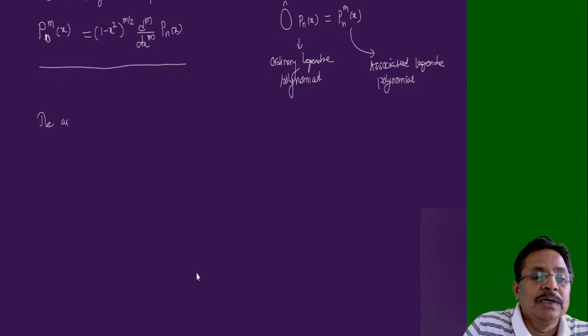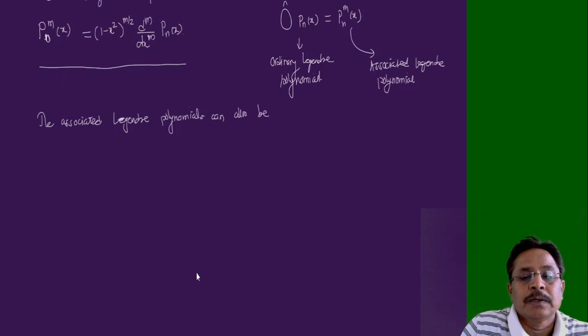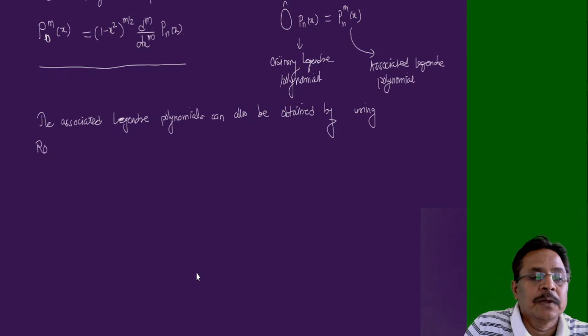The associated Legendre polynomials can also be obtained by, this is one method, second is by using the Rodrigues formula. So just remember its formula.